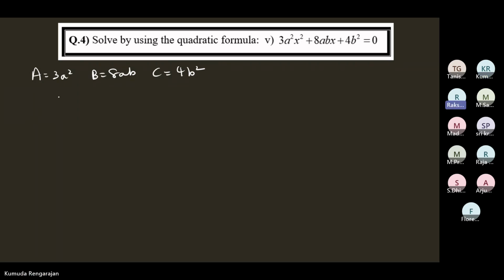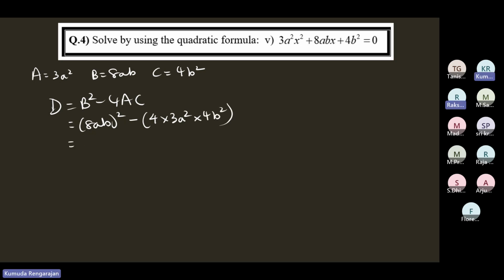Ma'am, we have to find the discriminant, which is B square minus 4AC. Okay, continue. Yes, ma'am. D is equal to 8AB the whole square minus 4 into 3A square into 4B square.